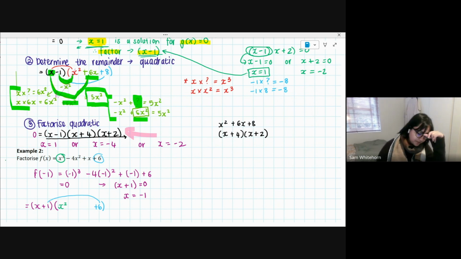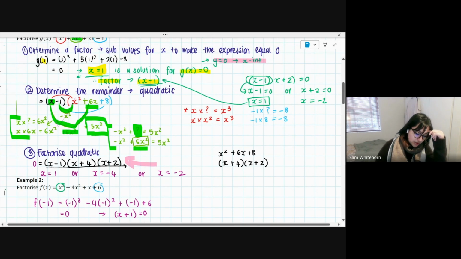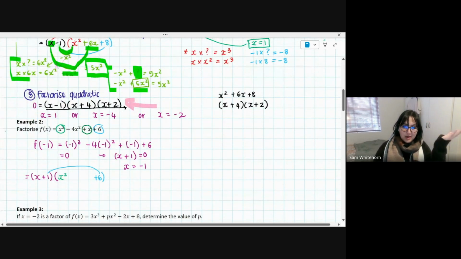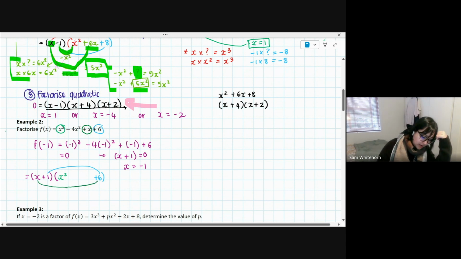All right. So if we have a look at the x term, my original cubic has an x term of +1x. We now need to look at x times the constant 6, because x times 6 gives me an x term. If I multiply those two together, I get 6x.